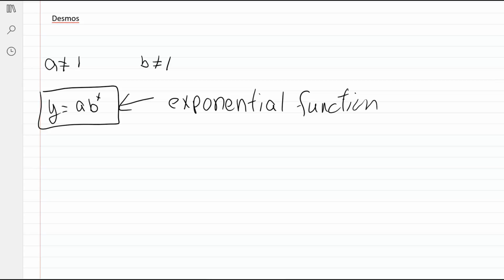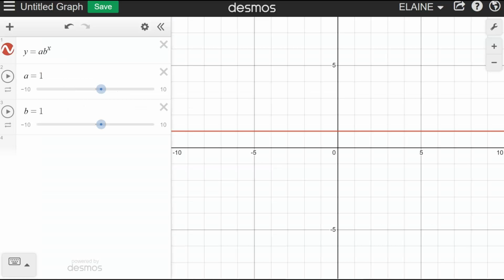So we're looking for something where a is some number, b is some number, and x is the number we plug in. So if we make a graph, they're going to give us a and b, and x is what we're going to change, and then y is what we're going to get when we change x.